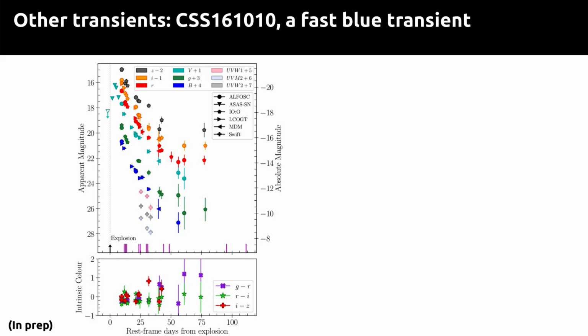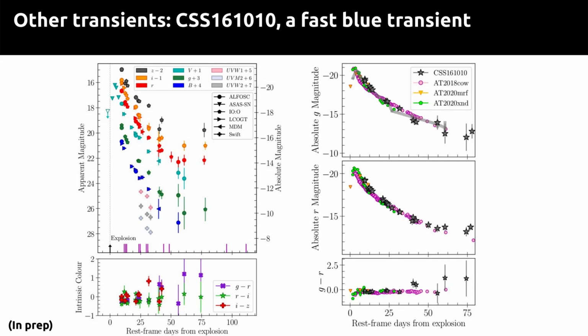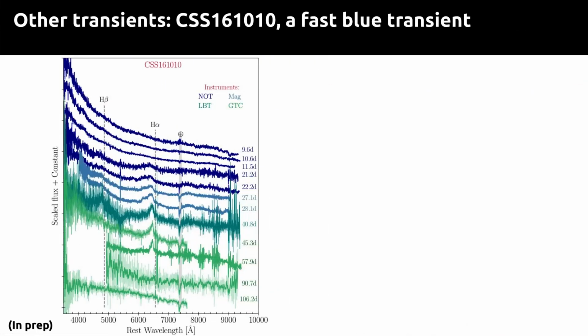By 75 days it is already gone, and it's quite luminous. When we compare with similar objects, which are very few because they are very fast and so difficult to identify, we see that the light curves are very consistent with the most popular object, that is 18 Cow, there in purple. So it's consistent in the different bands, and the colors are also quite similar.